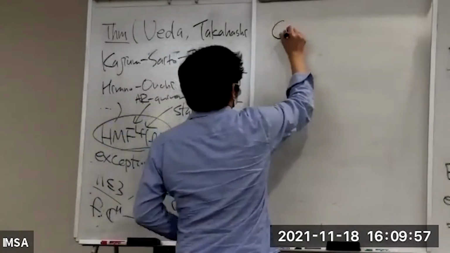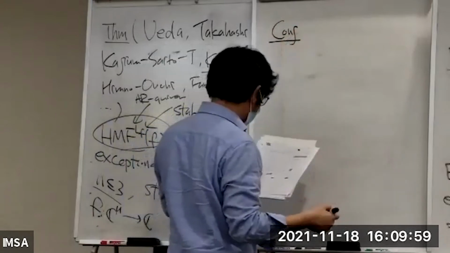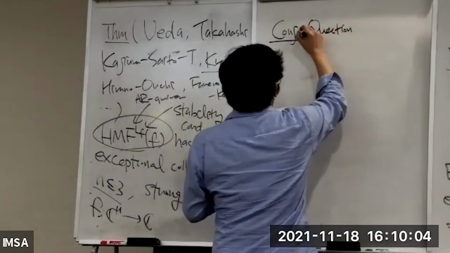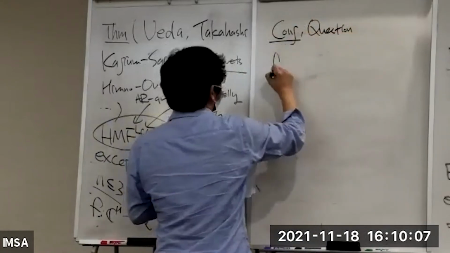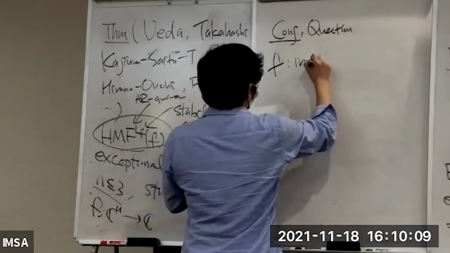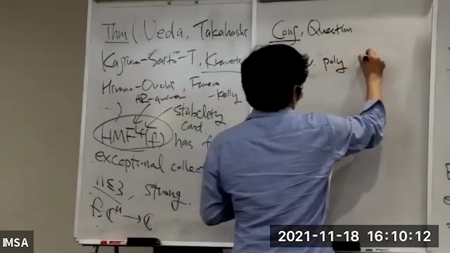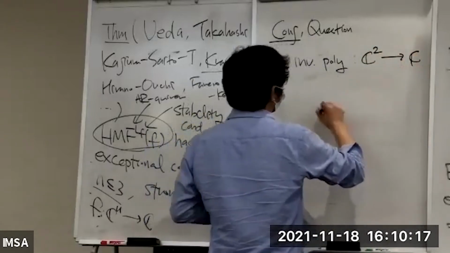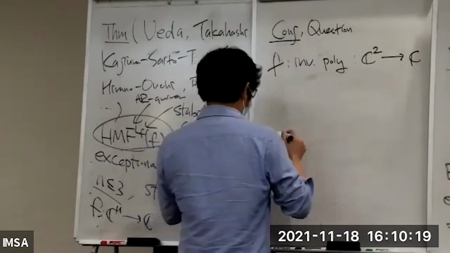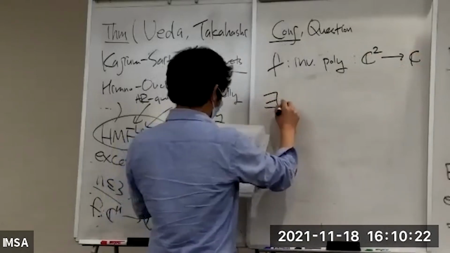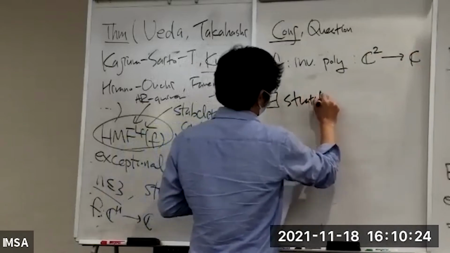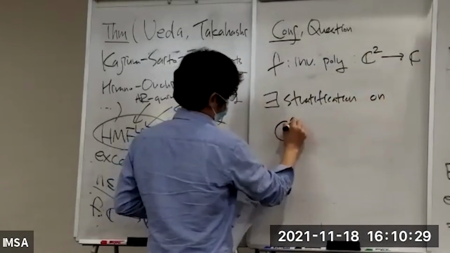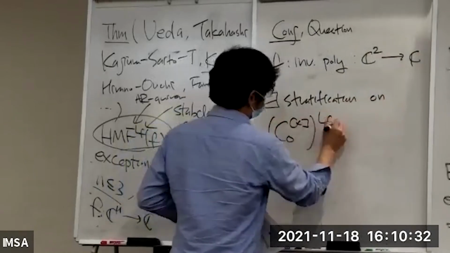Let me write it as a conjecture or maybe a question. I have this invertible polynomial, which maps C^2 to C and has an isolated singularity at the origin. Then the claim is that there is a stratification on this thing.